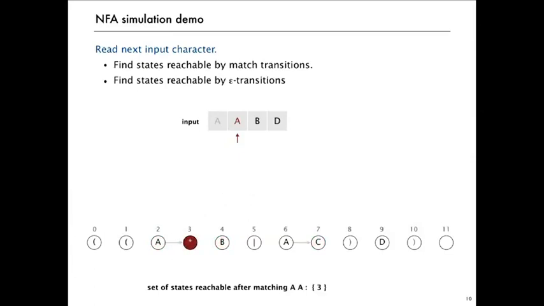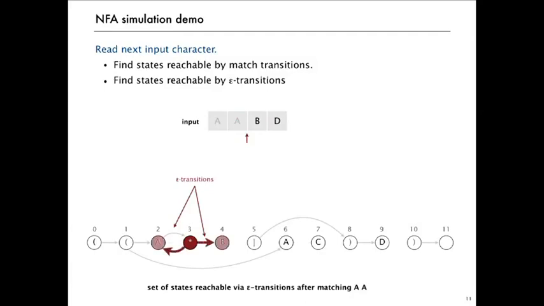And so now we have only one state to work with, but where could we get via epsilon transitions from 3? Well, you can go from 3 to 4 or 2. We did this before, and then from 2 back to 3. So we could be in 2, 3, or 4 after matching 2 A's. So that's all the possible states we could be in after matching the 2 A's.